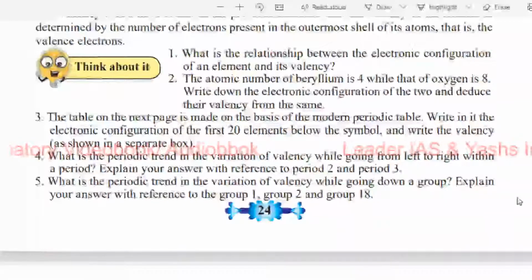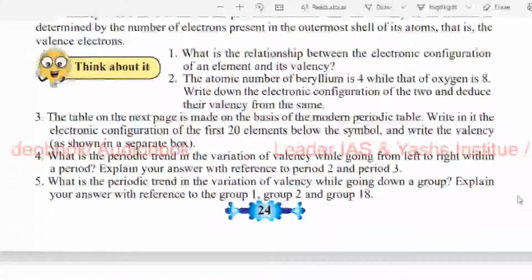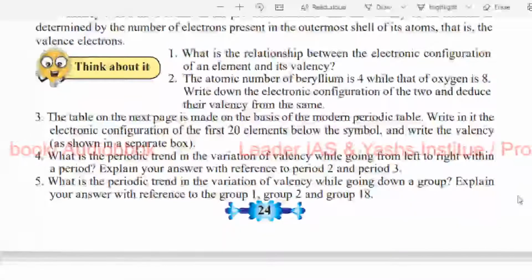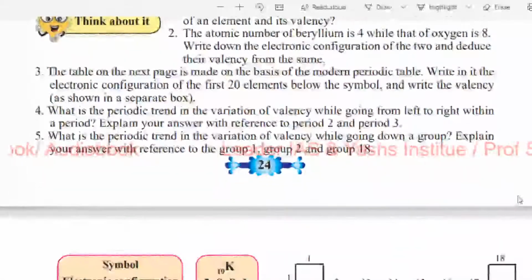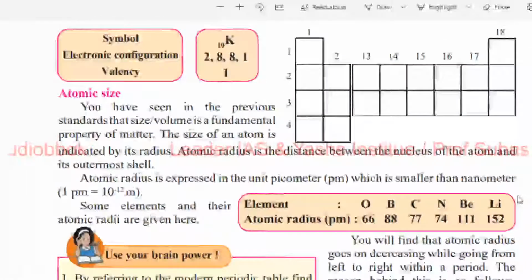Explain your answer with reference to the second period and the third period. Fifth question. What is the periodic trait in the variation of valency while going down a group? Explain your answer with reference to groups 1, 2 and 18. Now, the symbol, electronic configuration, valency.